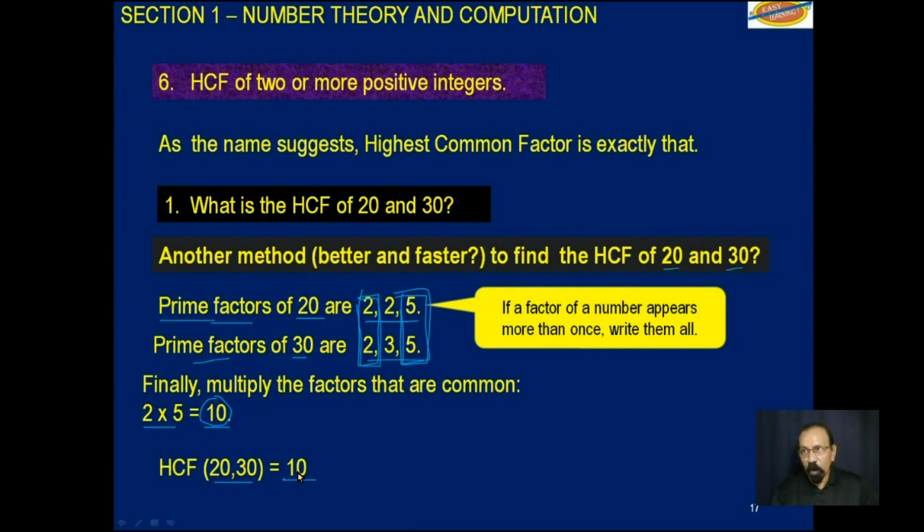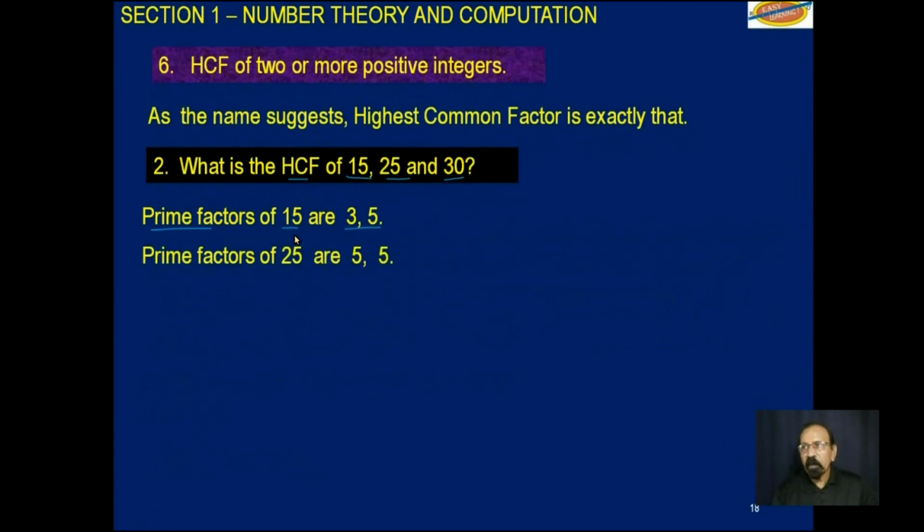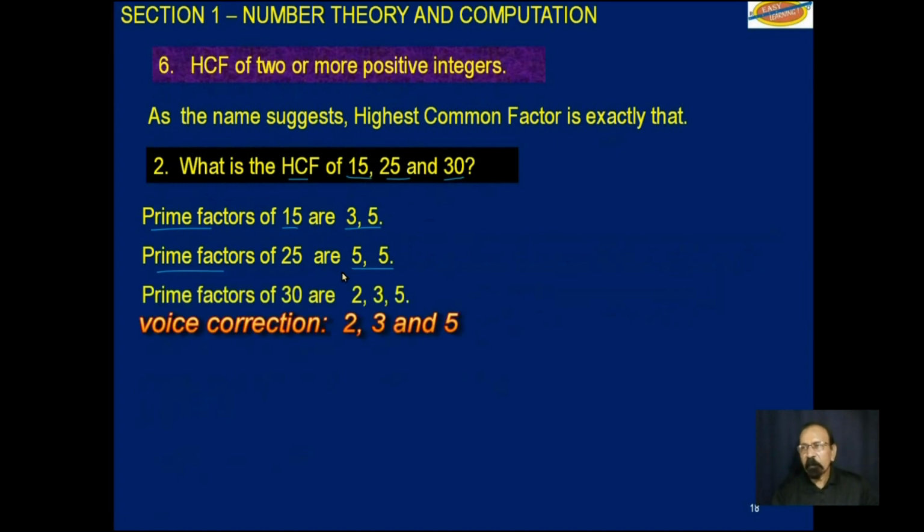That's example 1. We did that 2 ways. Let's try another one. Example 2, what is the HCF of 15, 25, and 30? So we write the prime factors of 15 would be 3 and 5. The prime factors of 25 would be 5 and 5. And the prime factors of 30 would be 3 and 5. Now, do we have anything common here?